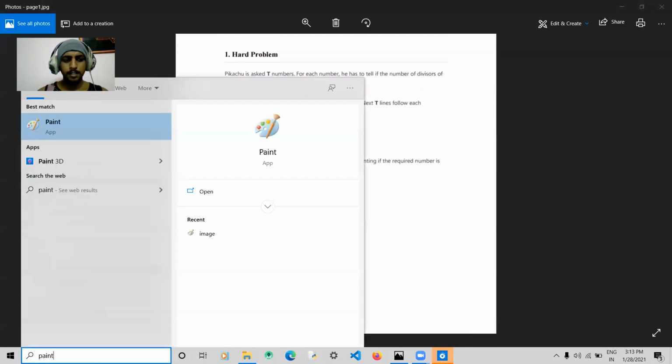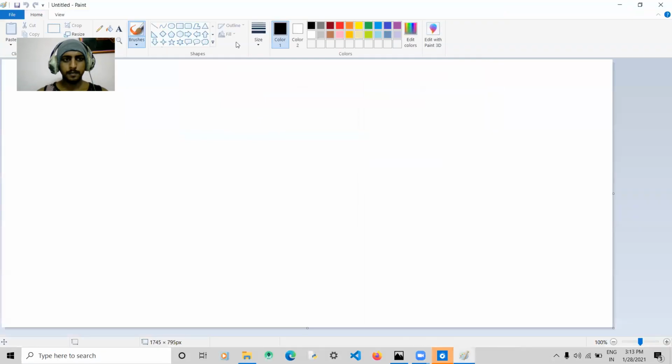What I mean by that is, suppose a number like 100 is given and its prime factorization is 2 square 5 square.